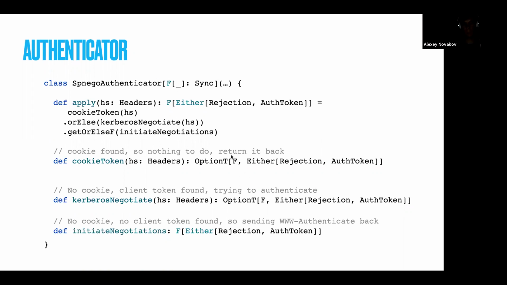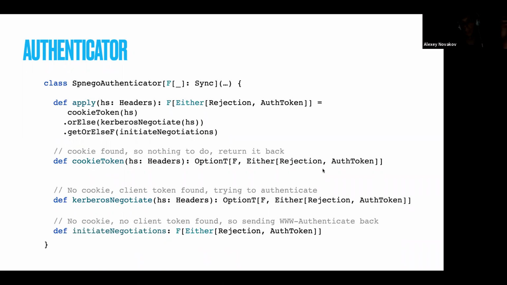So maybe let's look also at the type signature of these three functions. The first one in the flow is actually cookie token. What does it do? It takes the headers and it replies back with an optional Either. And the Either is either a rejection, so there's something wrong with the header, or the cookie is already present.